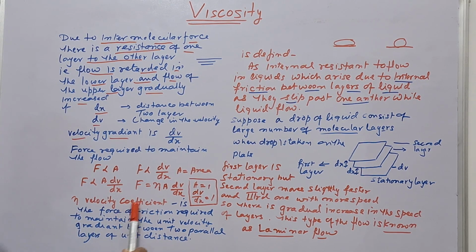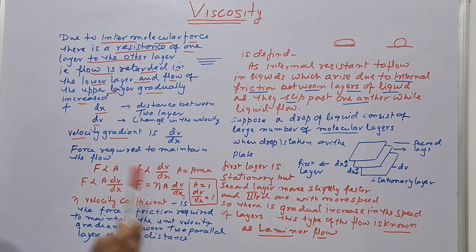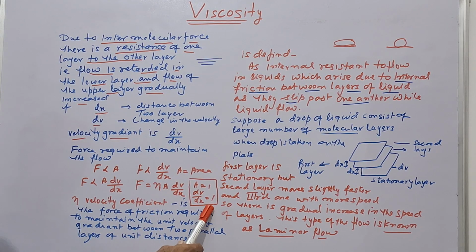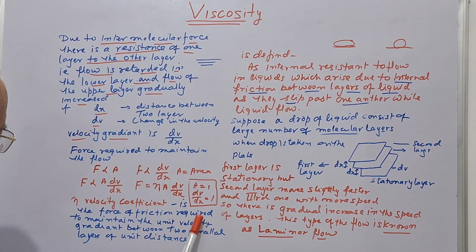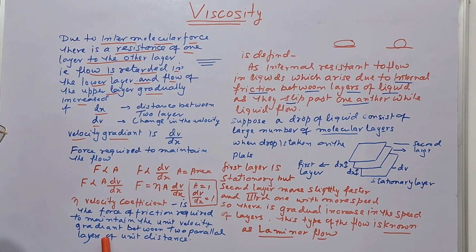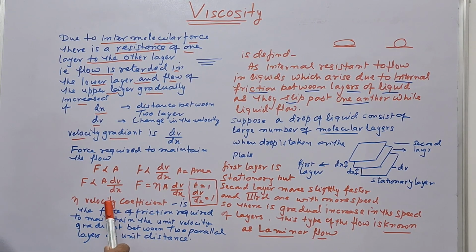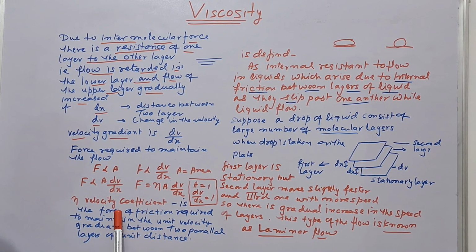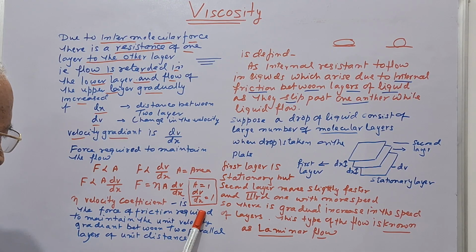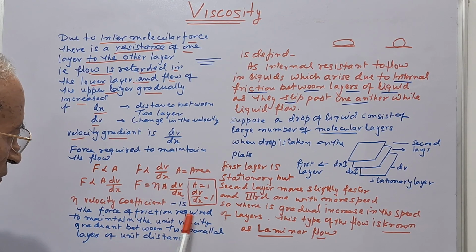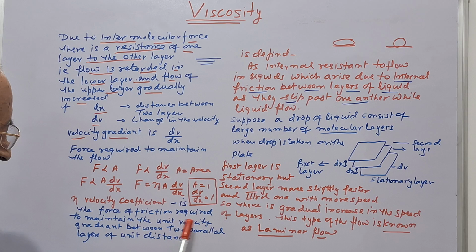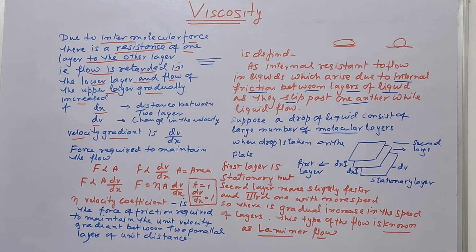So this velocity coefficient is the force of friction required to maintain the unit velocity gradient between two parallel layers of unit distance. So the main point is the friction force between the layers. So this is the viscosity.